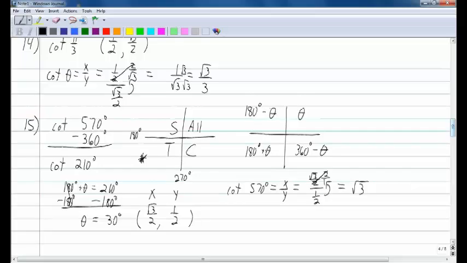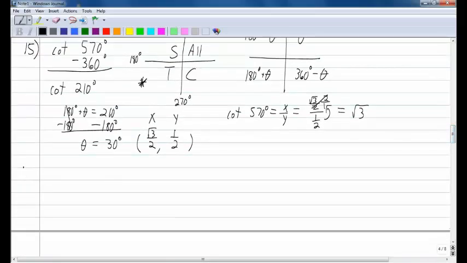All right, number 16. The sine of 135 degrees minus the sine of 270 degrees.